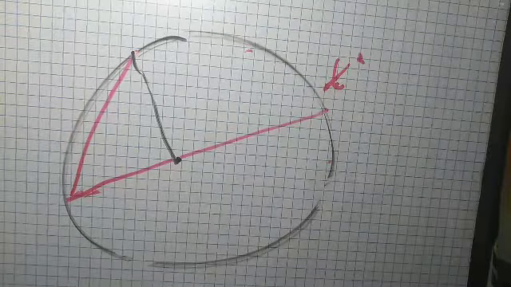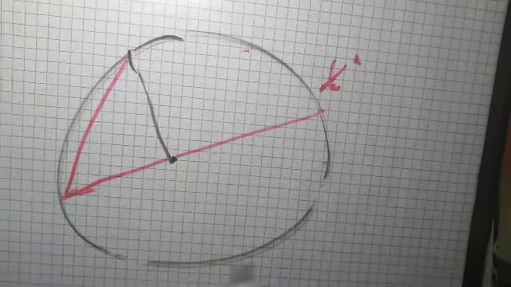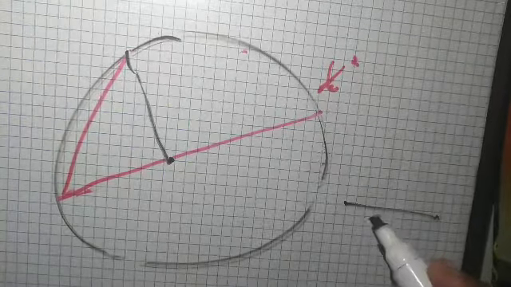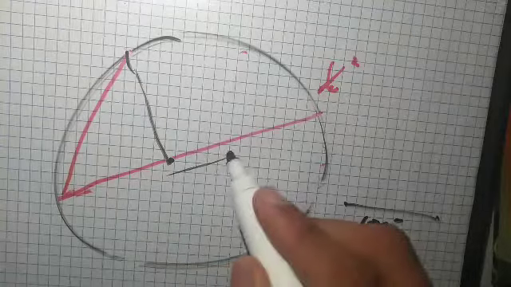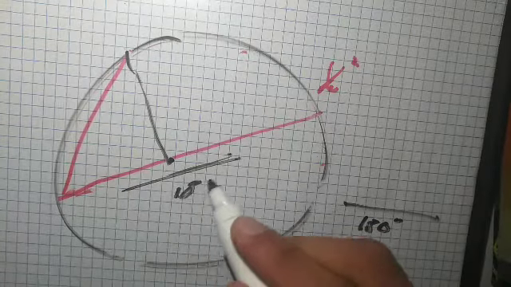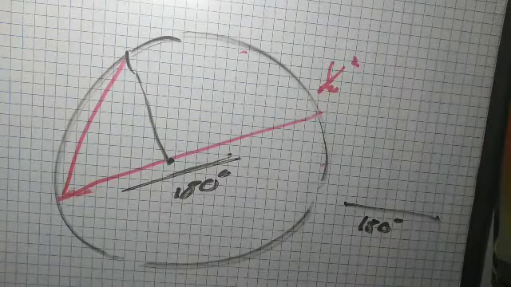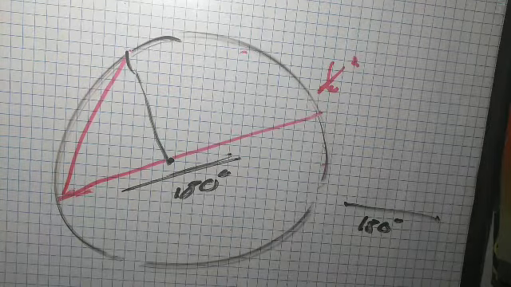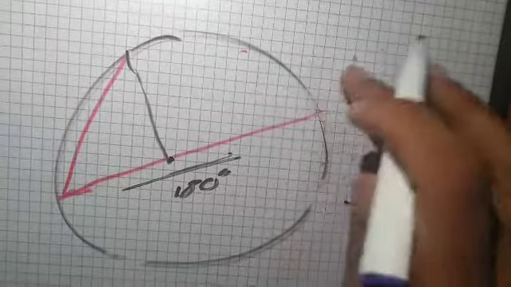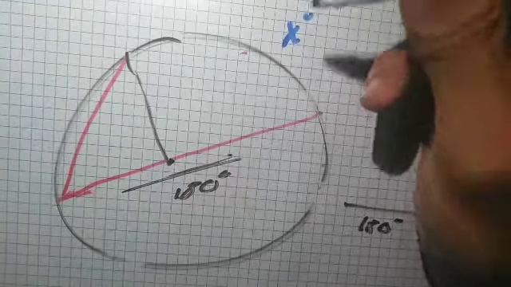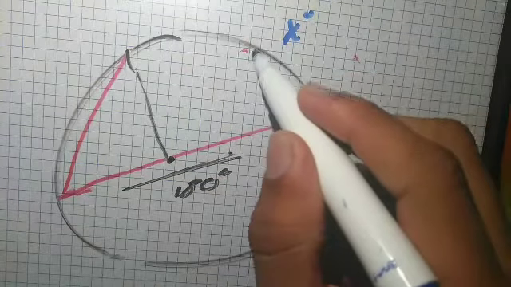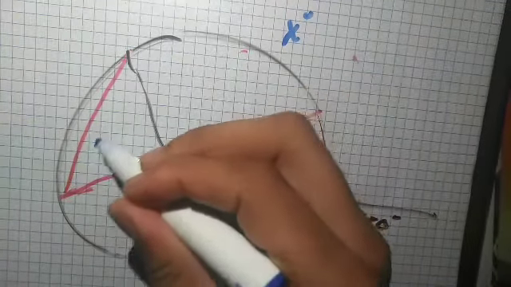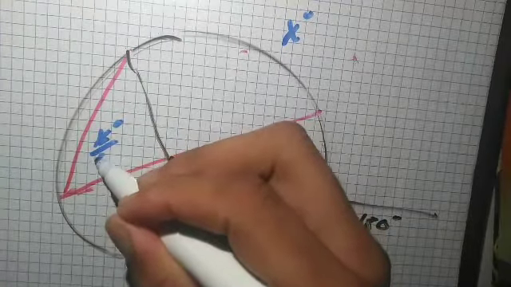We know for a fact that all straight lines equal 180 degrees, so that's what we have right here. This is equal to 180 degrees, and we will use that in just a second. Let's identify our inscribed angles. Like I said before, our inscribed angle is half of our arc angle, so that would end up looking like this.